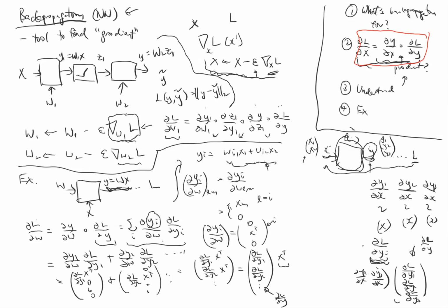It is good for verification, though. For a sanity check, we expect that if this degenerates to the scalar case, partial Y over partial W should just get me X. In the scalar case, X transpose is just equal to X, so it matches.